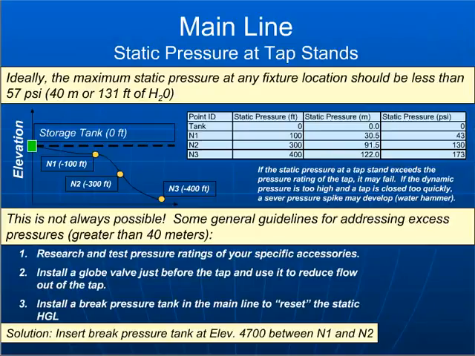The concern is that if you have a lot of static pressure, once water begins flowing, if you close the tap too quickly, you can develop a really big pressure spike due to the water hammer effect, and you can end up blowing the tap right off of your tap stand. And so that's the main concern.